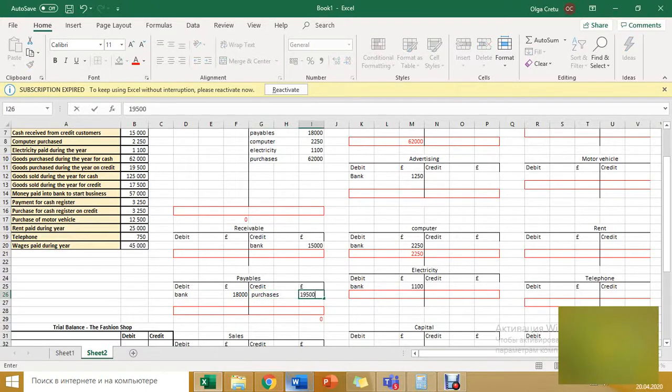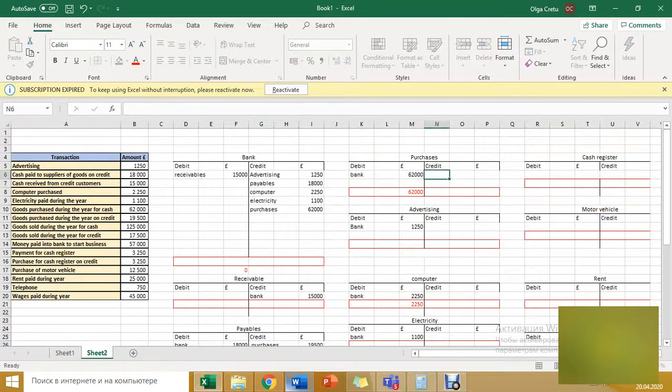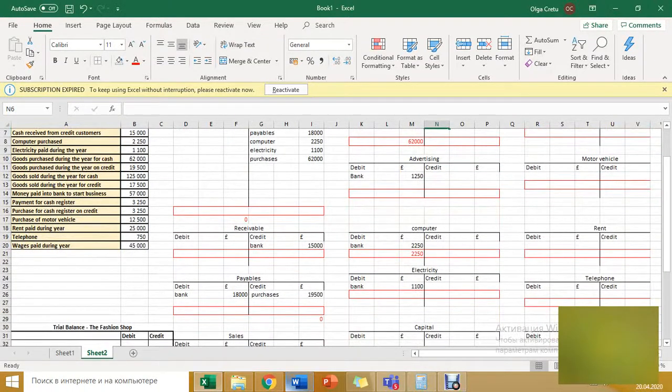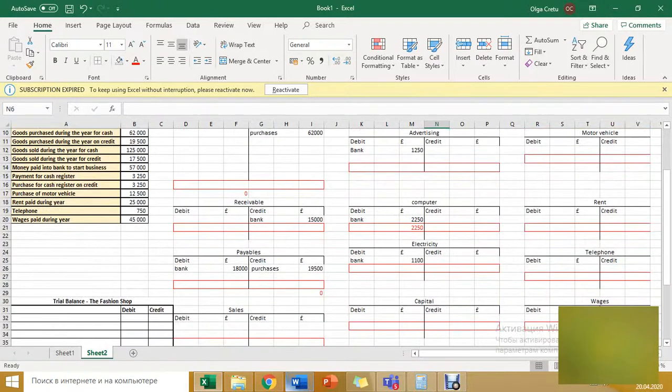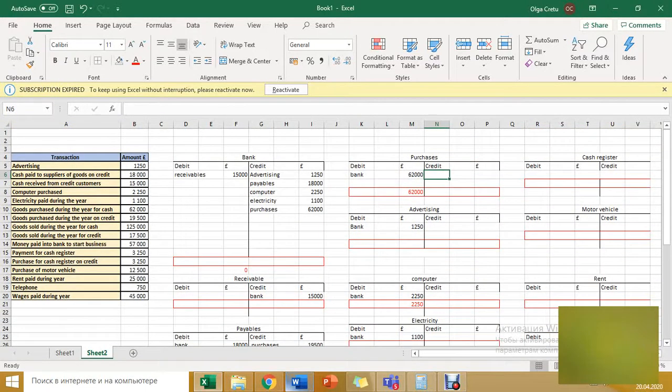We purchased on credit, and we have a payable account, 19,500, right?